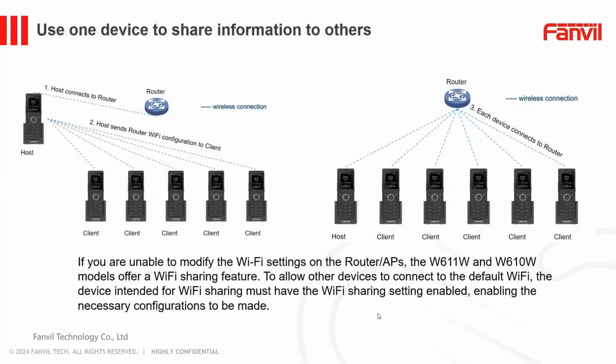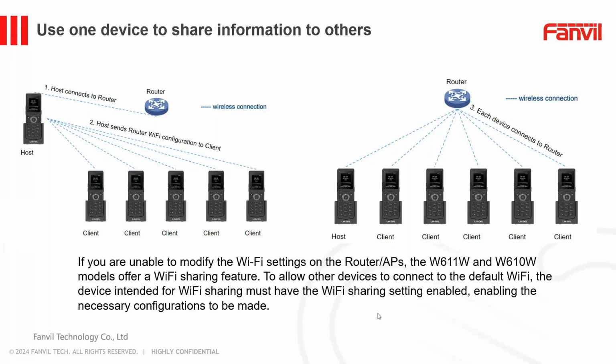The second method that we have is to use the Wi-Fi sharing feature. The Wi-Fi sharing feature is supported on devices like W611 and W610. We have one device that acts as a host that connects to the router, and other devices can act as clients.